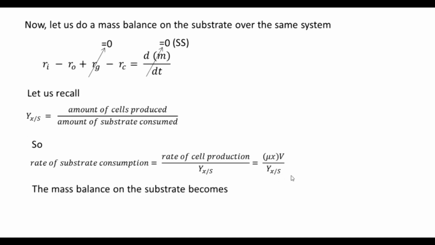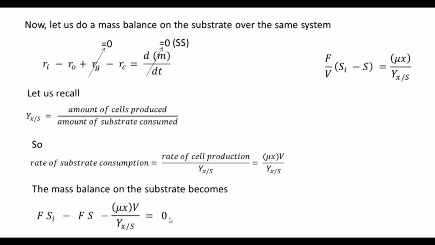So the mass balance on the substrate becomes, the input is F times S i. From the total mass balance, we derived that F i equals F 0, say F. So F times S i minus F times S in the outlet minus mu x V divided by Y x/s equals 0. Right?